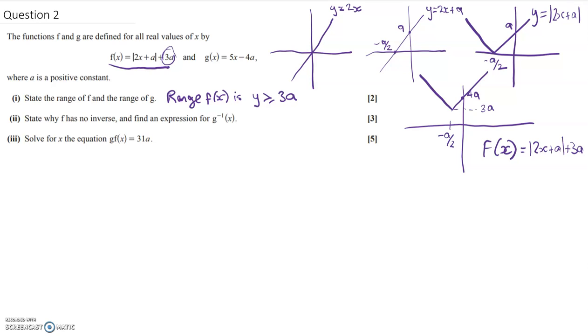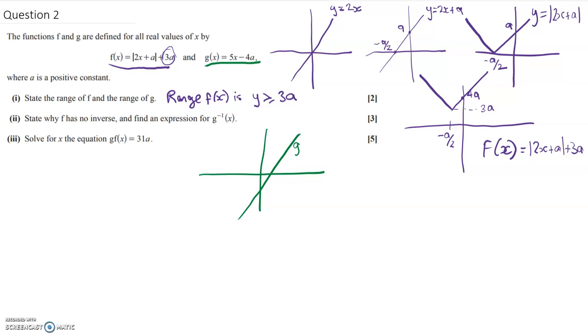The second one is a lot simpler. It's just a straightforward linear one because a is just a constant. So what does that graph look like? The graph of g will just be a straight line graph y equals 5x, so quite a steep gradient, and the whole thing's been moved down by 4a.